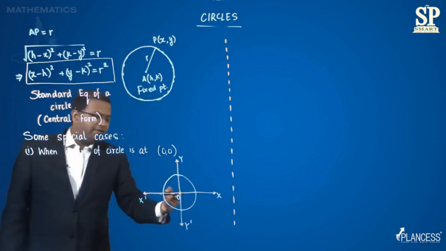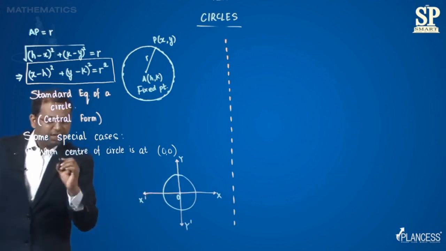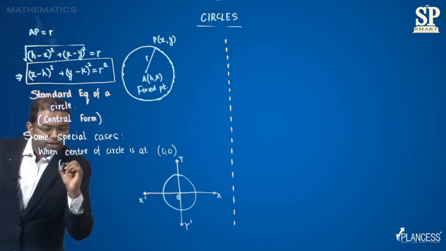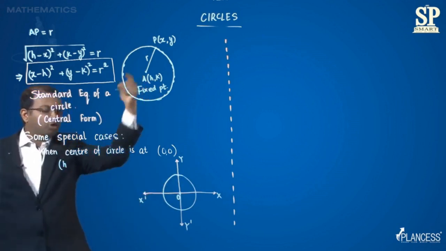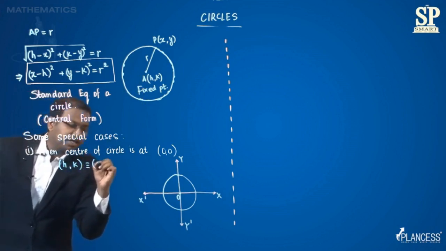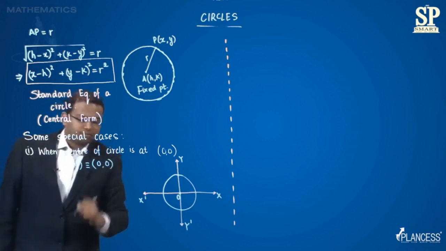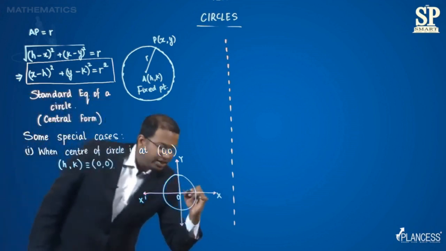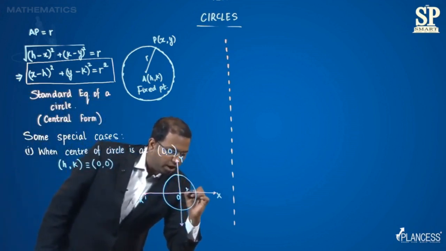Now if our circle is this, clearly the center, which in the above form was h comma k, in this case is 0 comma 0. And let us take the radius same, which is equal to r.